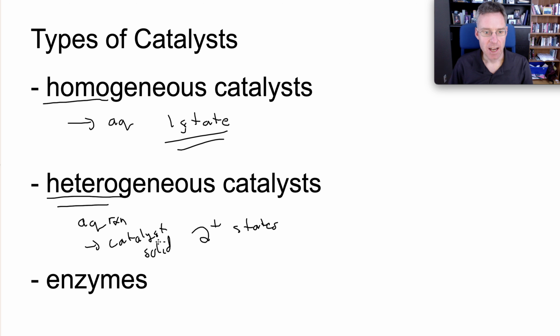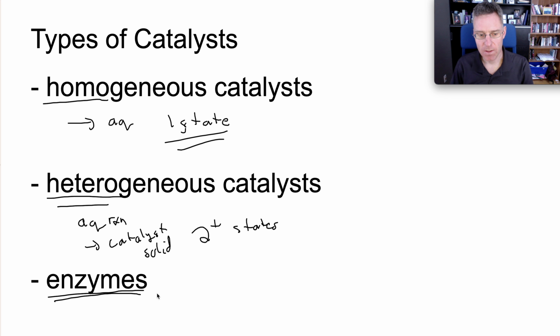That would fit into the heterogeneous category of catalysts. Okay. So if you're given a chemical reaction, just look at the state of the catalyst compared to the other chemicals. If there's any mismatch at all, it's going to be in the heterogeneous section. And then we're not going to really dive into this, but there's a huge group of biological catalysts that are called enzymes. Very complicated.